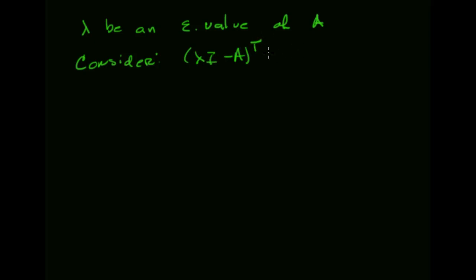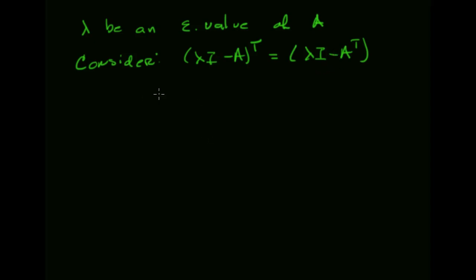So we want to start by saying, let lambda be an eigenvalue of A. Let's consider the matrix lambda I minus A transpose, and note that that's going to be equal to lambda I minus A, transposed, because the transpose of a sum is the sum of the transposes. If you transpose the identity, you get the identity back, so these two have to be equal.